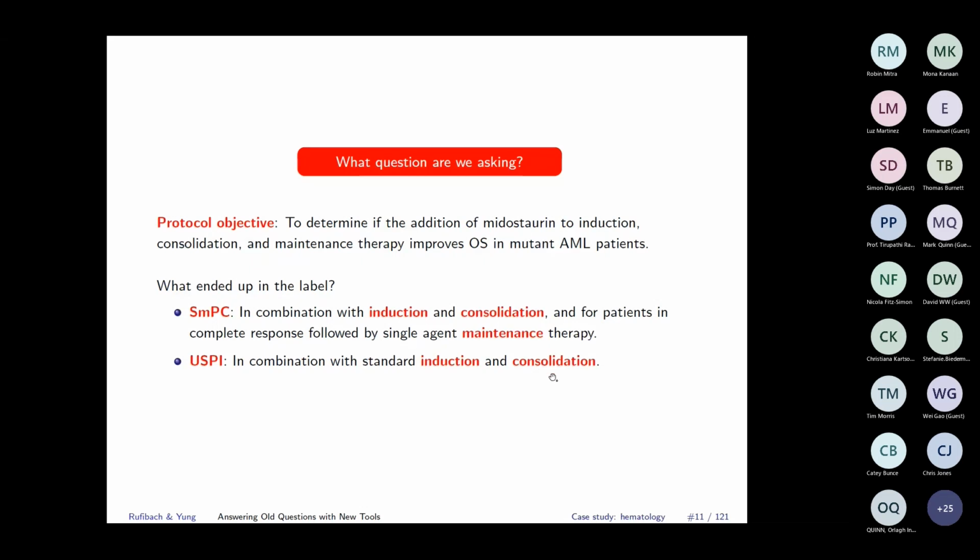We would not need to collect data on maintenance, because that question we could answer without reference to maintenance or stem cell transplant. Of course, in this indication, you would still collect that data, but there might be instances where you're interested in a certain question that doesn't involve a certain kind of data, and then you don't need to collect that data. The data collection should be informed by the question you're asking.